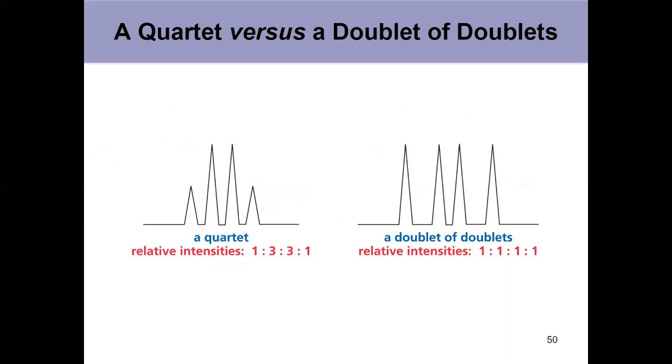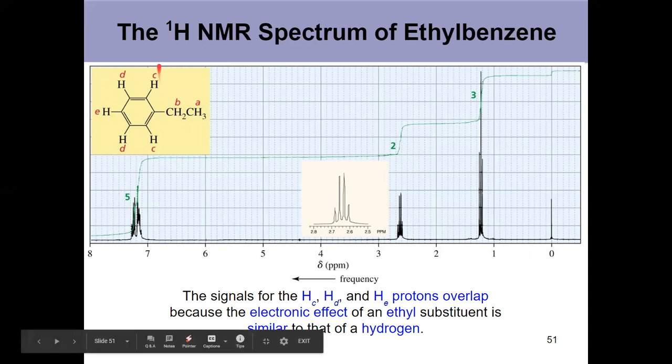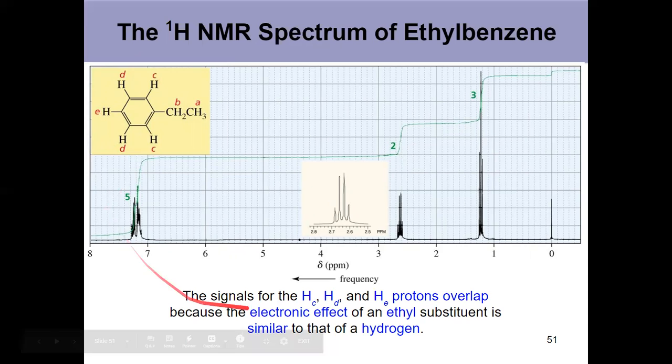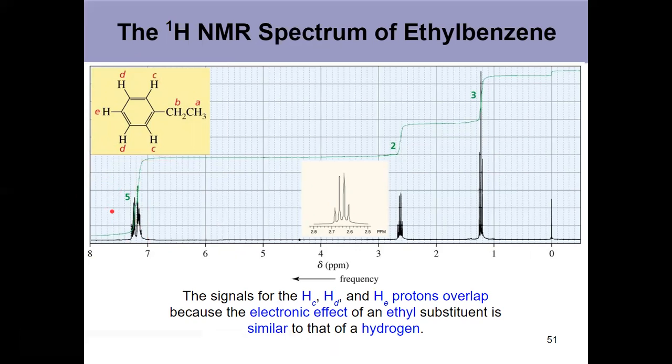The other tricky thing we sometimes have to worry about is aromatics, benzene rings, things like that. Like, look at ethylbenzene here. Now, we would anticipate 5 unique signals. But the challenge is that for the protons on the ring here, you have C, D, and E, the ones that are further downfield here, they overlap one another.